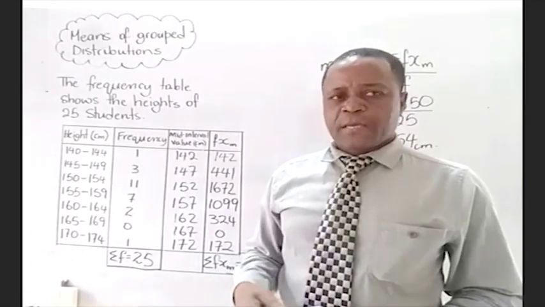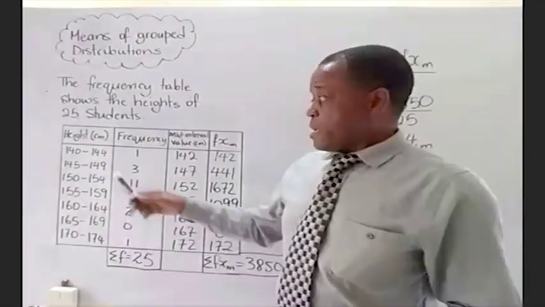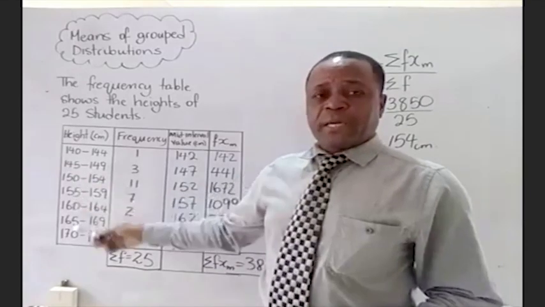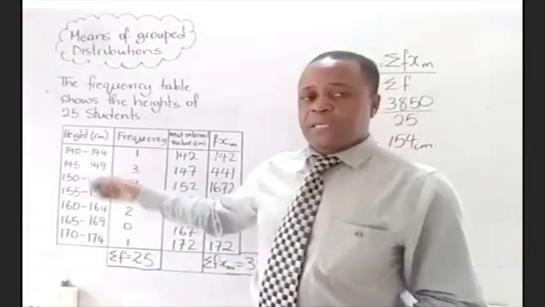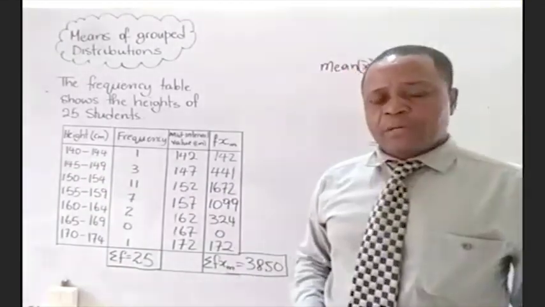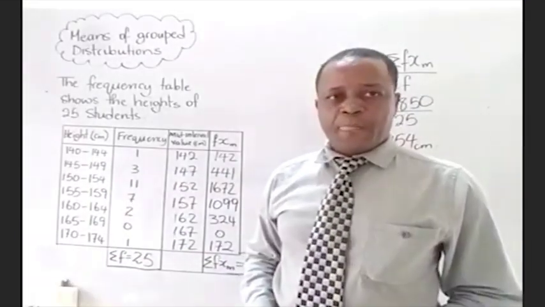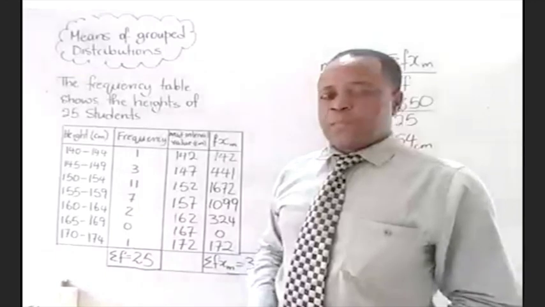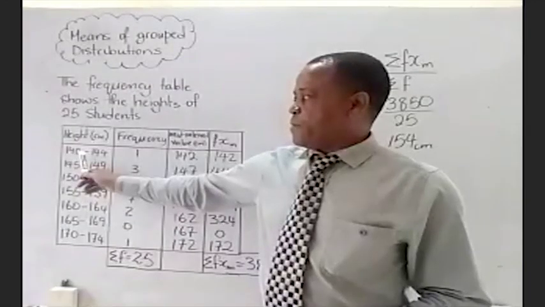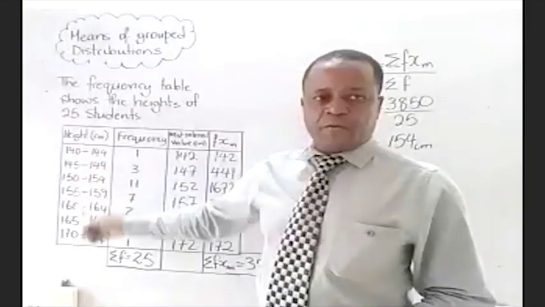All right. Now, we went on to say that in order for us to be able to calculate our mean, we need a number that we can use to represent each group. Now, the best number to use would have been the mid-interval value of the group.